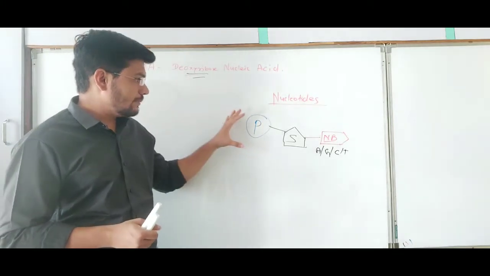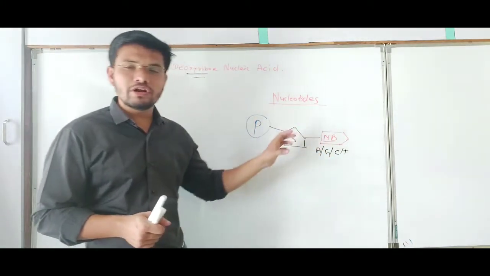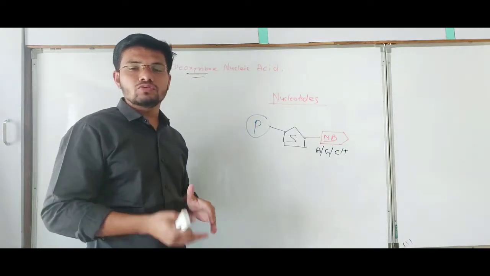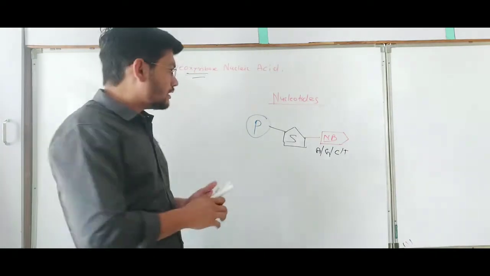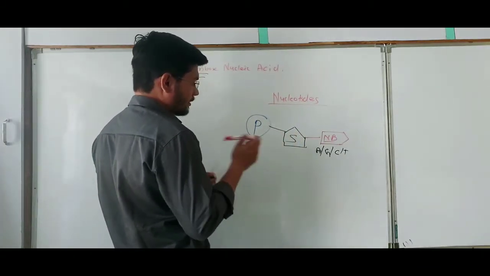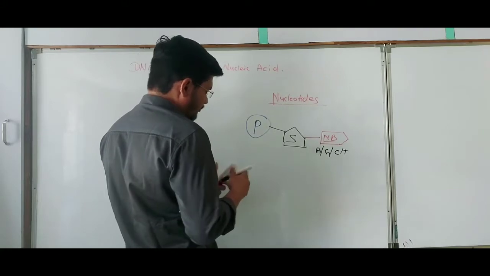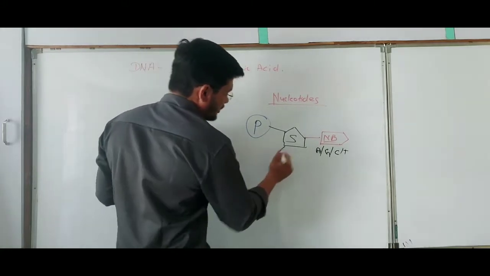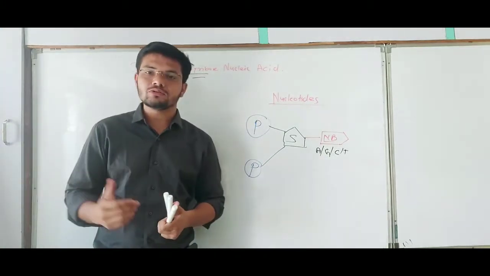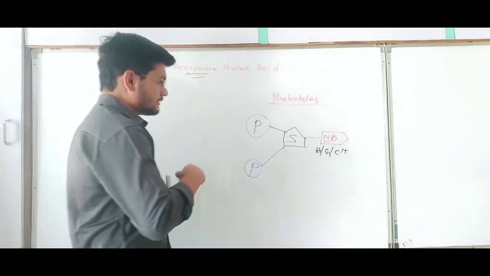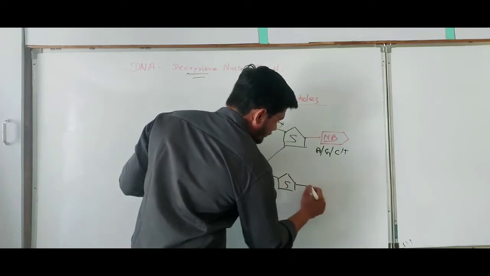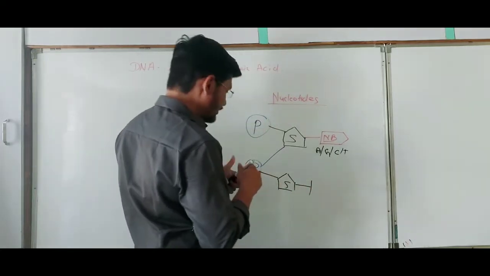So this is the basic structure of a nucleotide. Many nucleotides get joined to form a chain of DNA. This is the nucleotide, and this sugar will be attached to the phosphate of the next nucleotide, and the same sugar will be present in the next nucleotide.